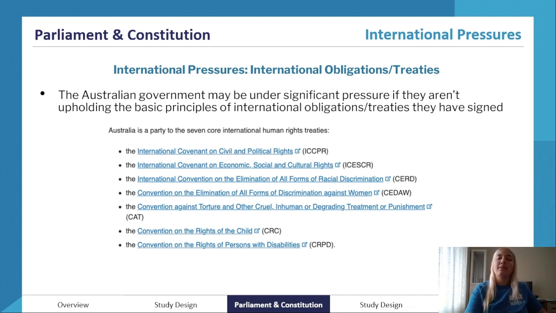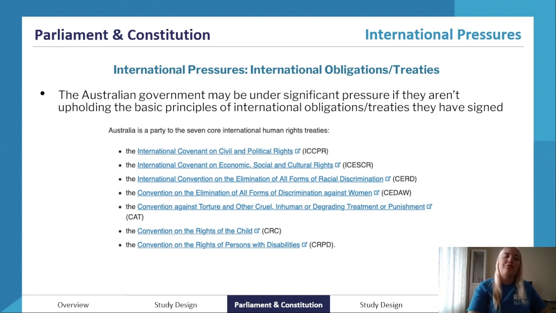This is exactly how this becomes a limitation on Parliament's lawmaking, because if they commit to a treaty, then they must make sure that they create new laws or change laws to be in line with the requirements set out under that treaty and the goal that it's trying to achieve.